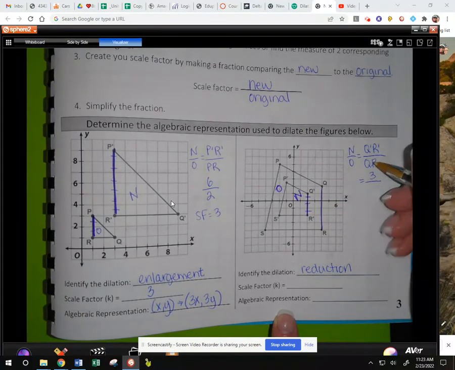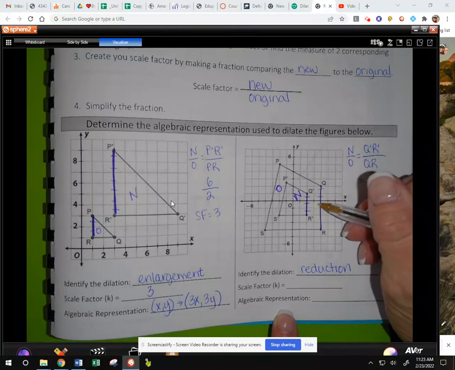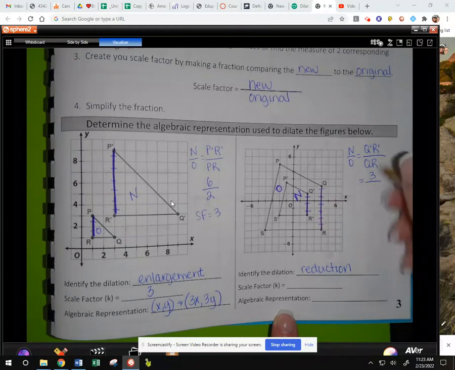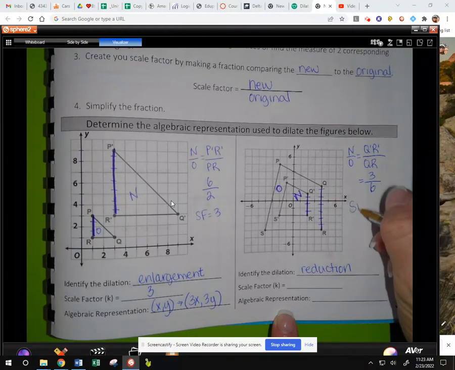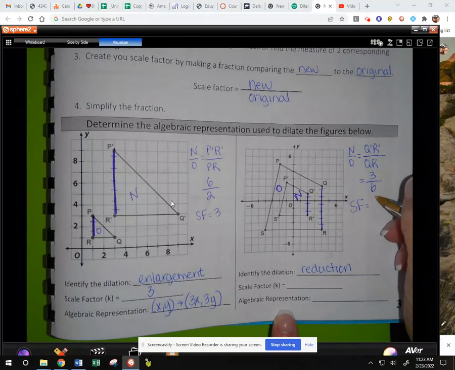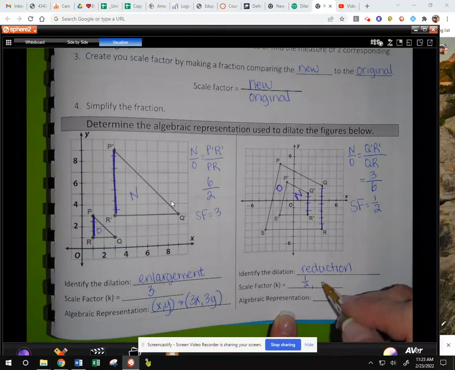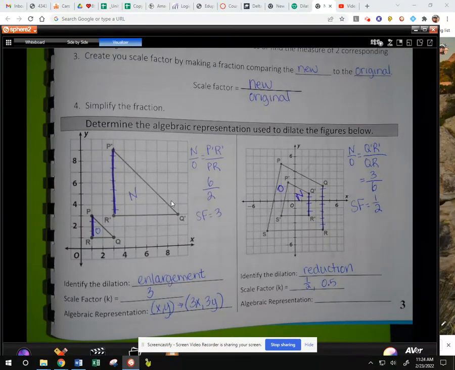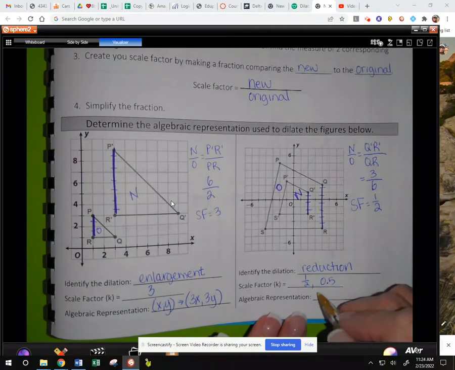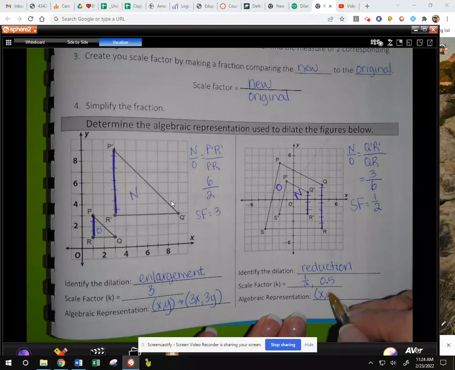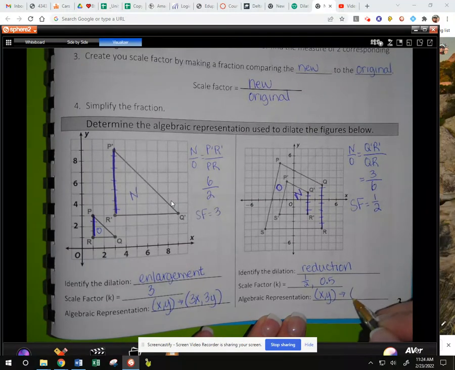The measure of QR is 1, 2, 3, 4, 5, 6. So here, if I reduce 3 over 6, it's 1/2. So my scale factor is 1/2, or you may see it written as 5/10. So what would my algebraic expression be here? (x, y) is transformed to (1/2 x, 1/2 y).